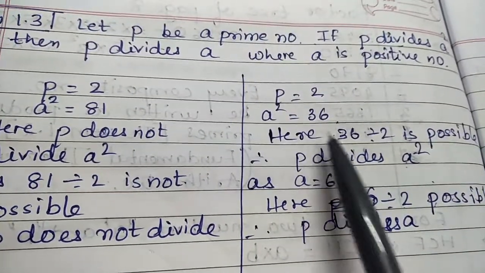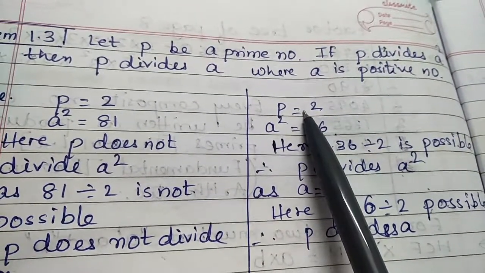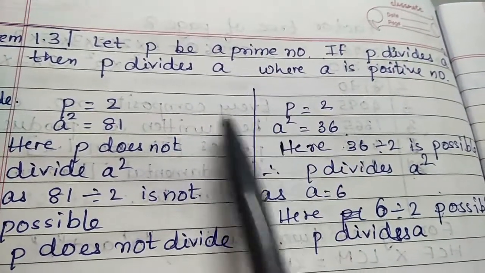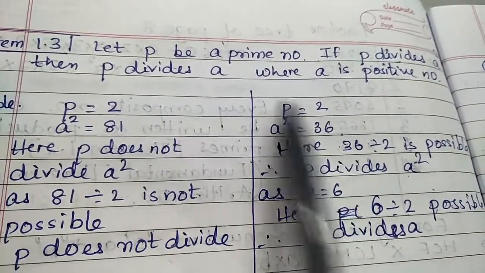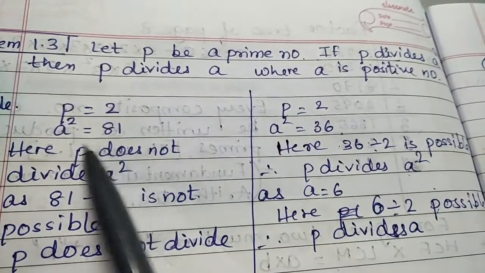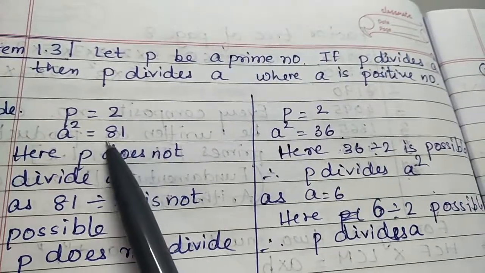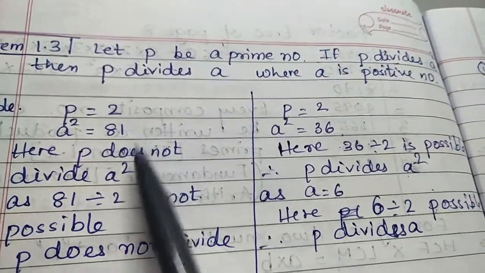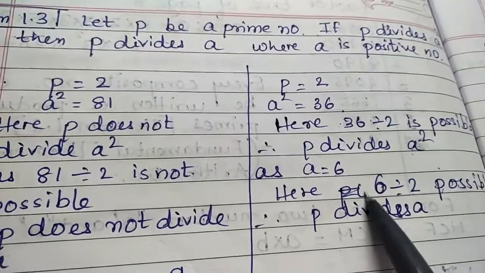So we conclude that it should be a prime number. Take 2, 2 is a prime number. Here it does not divide 81, but here it divides 36. So if it does not divide 81, it will also not divide 9. If it divides 36, it will divide 6. That is theorem 1.3.